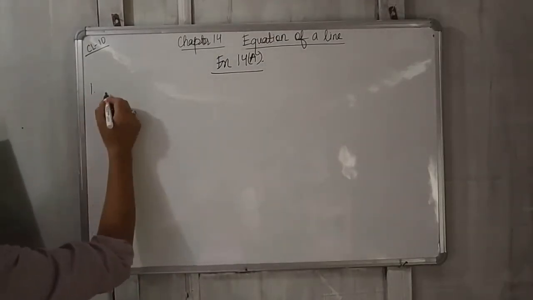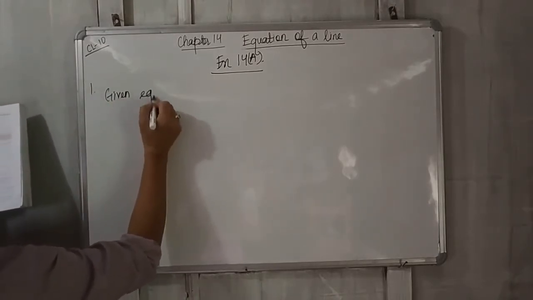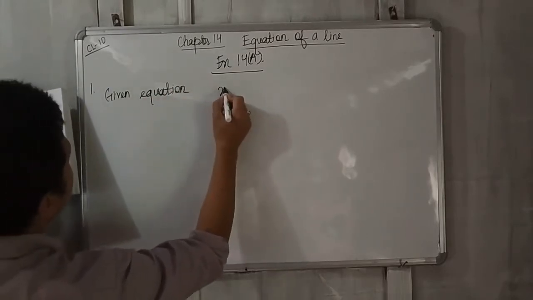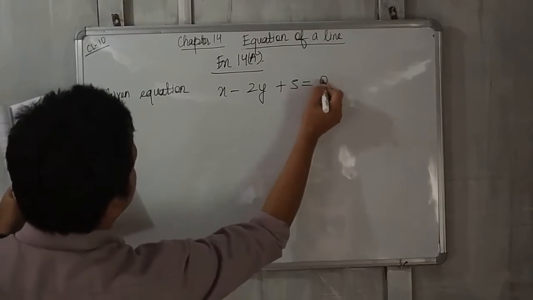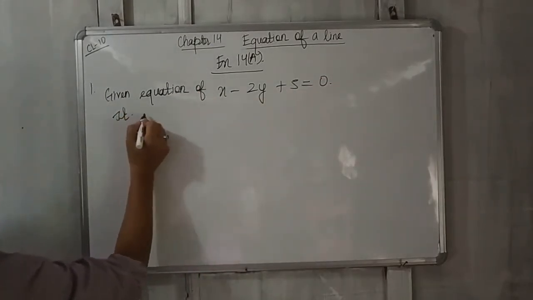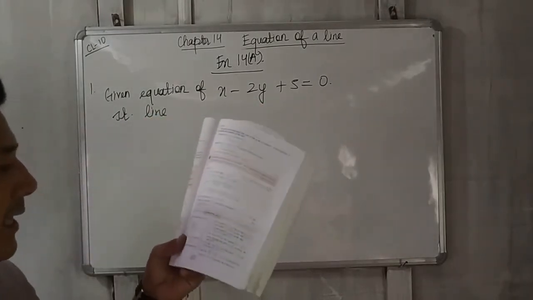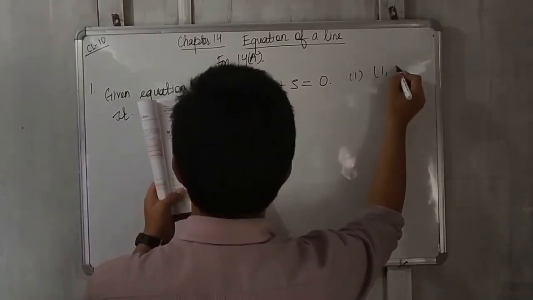Let me first copy the question. Given equation. It's very easy to identify which point lies on the straight line and which does not. The given equation of the straight line is this, and the list of points: number 1 point is (1, 3).